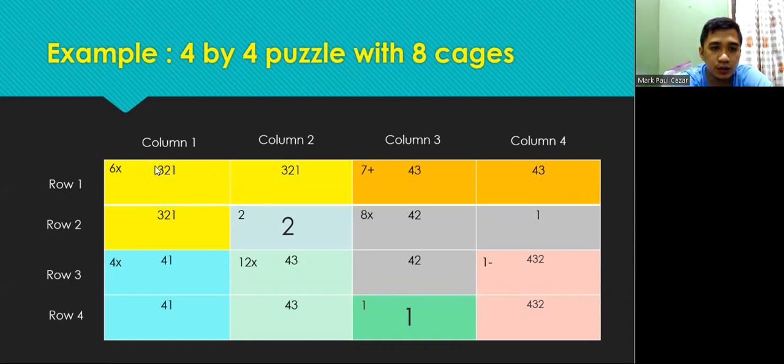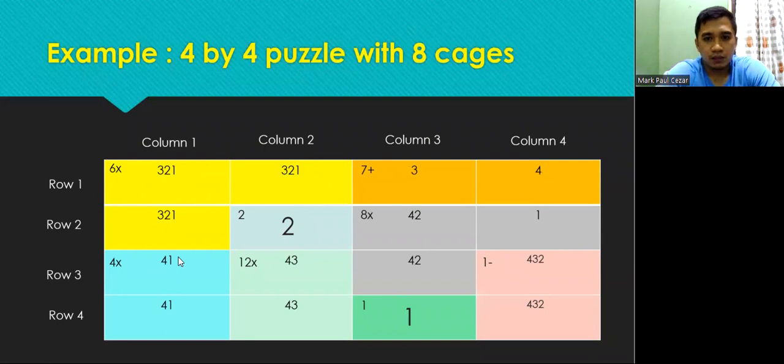So I just put all the combination here. 3 times 2 times 1, 3 times 2 times 1, because I can put the 1 here, the 3 here, the 2 here. It will depend on how I'm going to solve this later on. But you already know that we have 2 here, so I cannot use the 2 in this box. But later on, we're going to reduce these possible combinations.